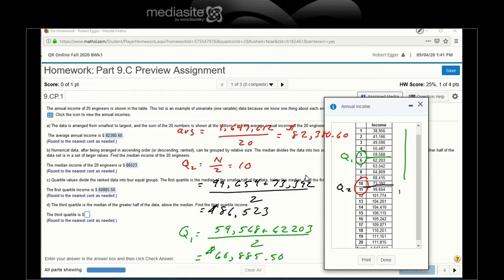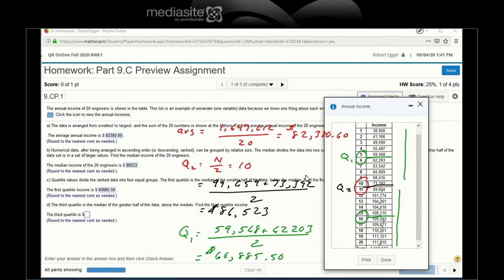And last but not least, the third quartile. So again, we're going to look at this set of 10. Half of 10 is 5, so halfway through would be looking at between 15 and 16, because I have 1, 2, 3, 4, 5 there, leading up to the max value, and 1, 2, 3, 4, 5 leading up to the median.